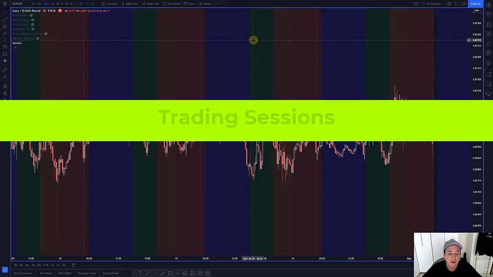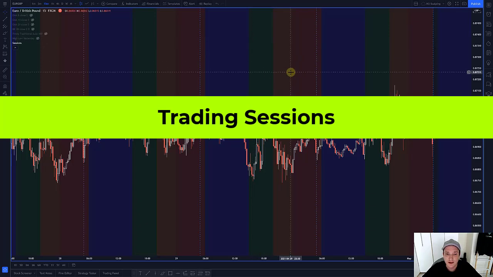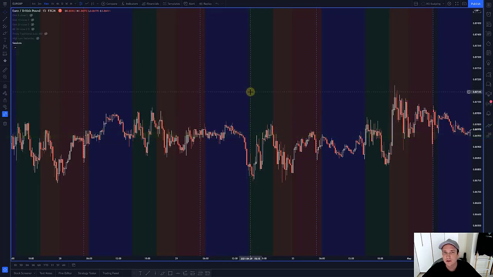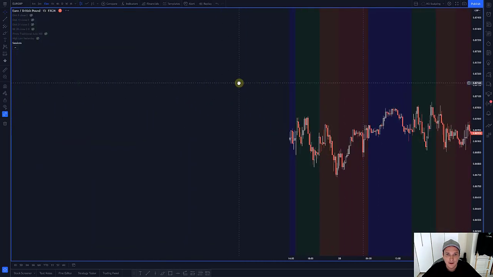And the last tool I think which is really vital for day traders is the sessions. You want to know when your Asian session, your London session, your New York session begin and end. For example, the yellow thing here is the New York-London overlap, and you really have to know that.